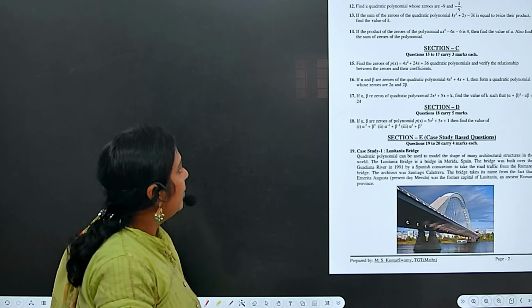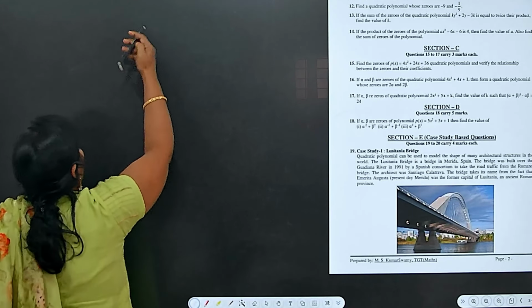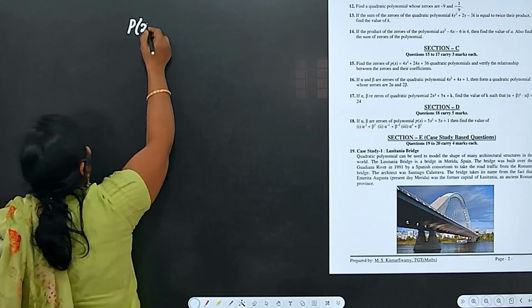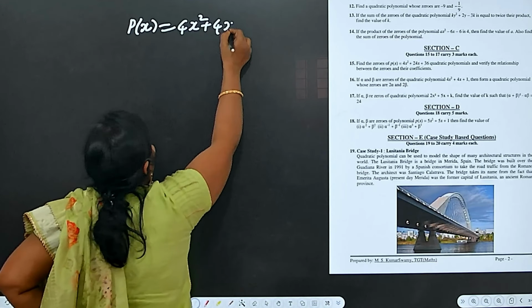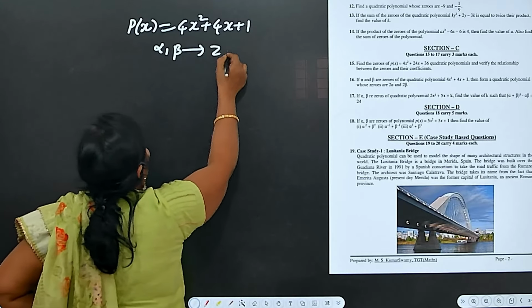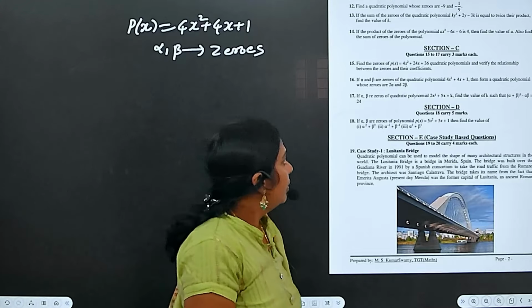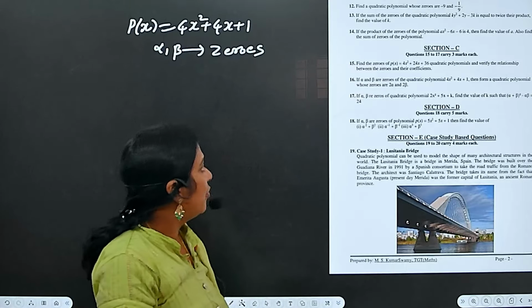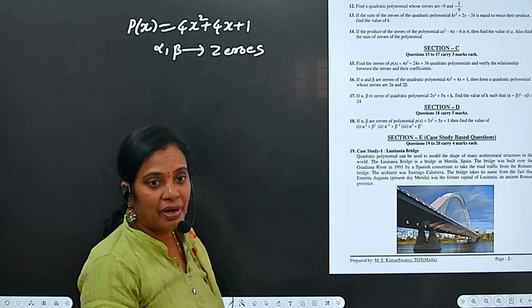If alpha and beta are zeros of the quadratic polynomial p of x equal to 4x square plus 4x plus 1, and alpha beta are zeros, then form a quadratic polynomial whose zeros are 2 alpha and 2 beta.